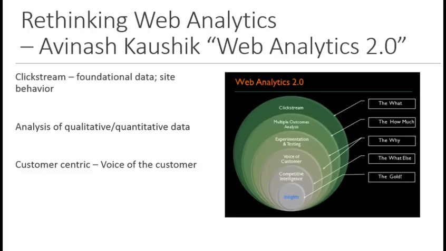So in terms of Avinash and Web Analytics 2.0, in his book he talks about taking a step further into looking at this foundational data, looking at the behavior of a visitor to a site, and making sense of it all in terms of how that would relate to you defining a successful campaign, and what that means on the user side or the consumer side as well, right?